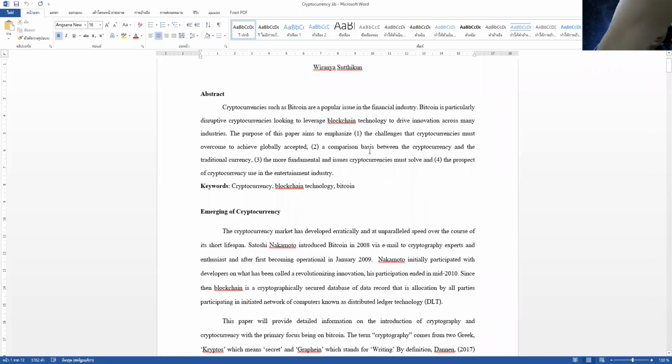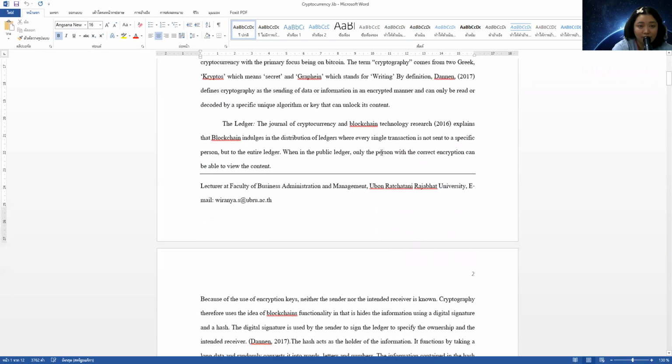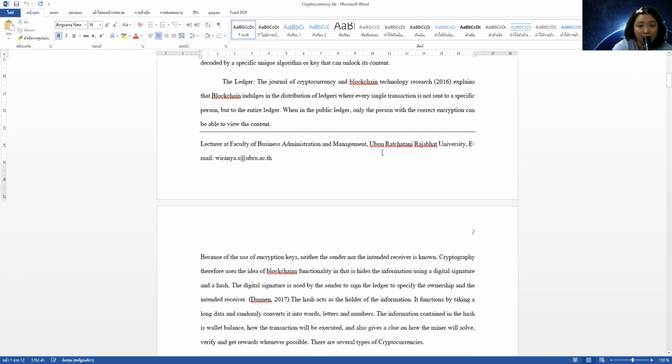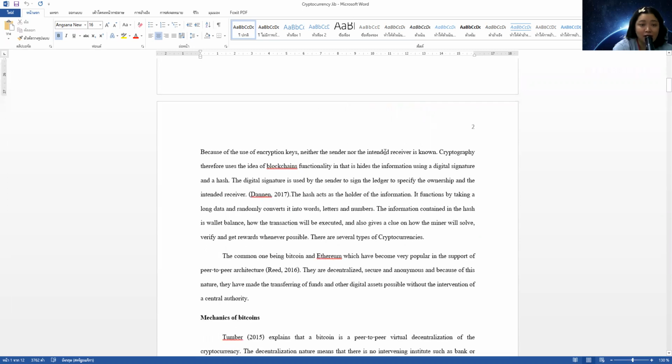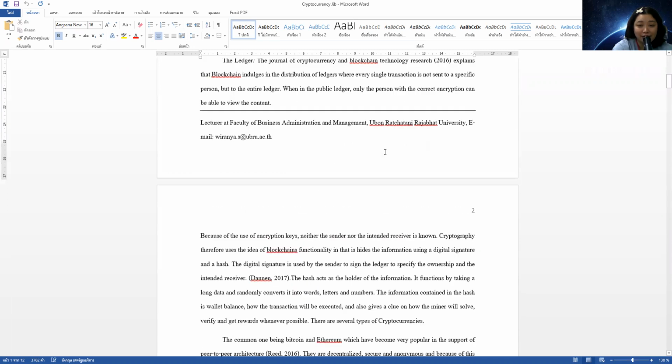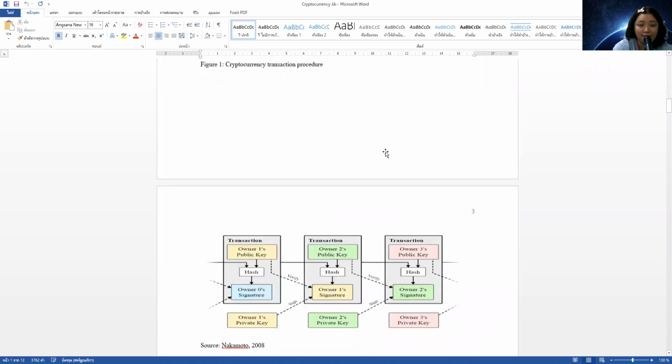For example, if I want to learn about investing, or about cryptocurrency or blockchain technology, I want to read about the perspective, the benefit, the deflation, or even the government control, and the risk that I might take in this case. I will look at the abstract and the conclusion of what they find.